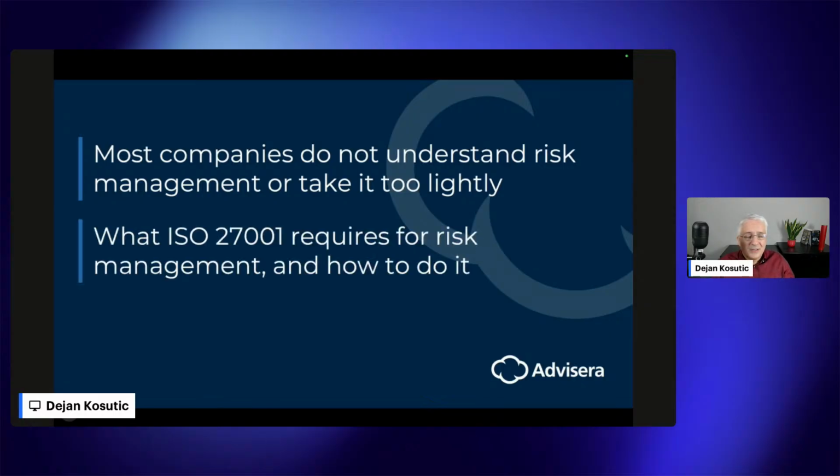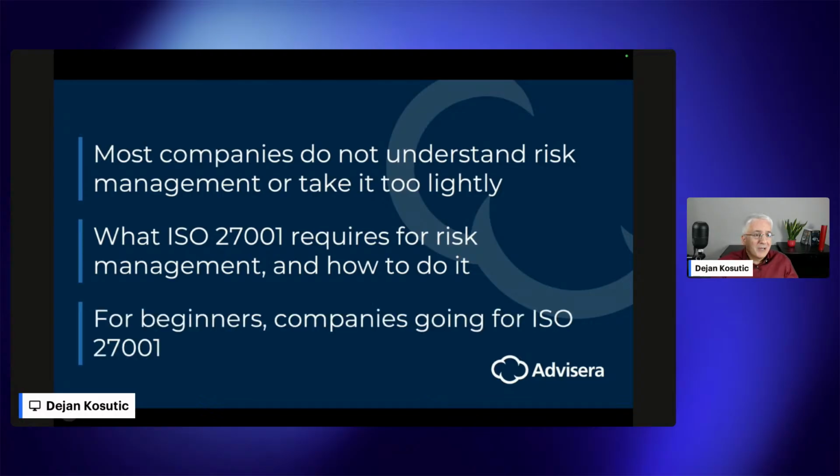During this webinar, I'll explain exactly what ISO 27001 requires for risk management, and I'll show you lots of tips on how to implement this risk assessment and treatment. I made this webinar for beginners who are just starting their implementation, basically for any company that wants to implement ISO 27001.